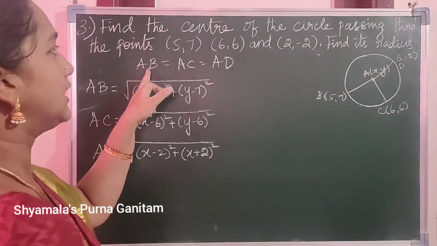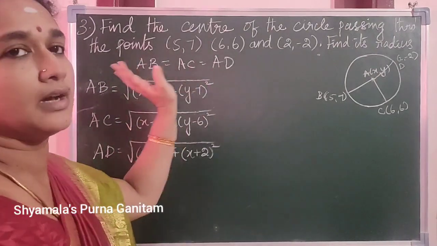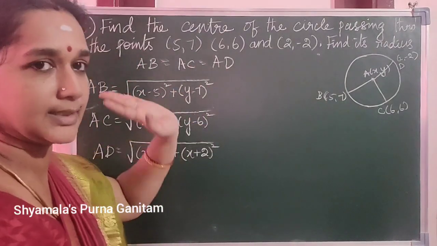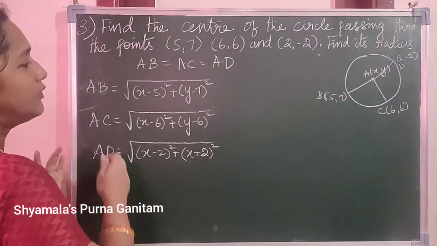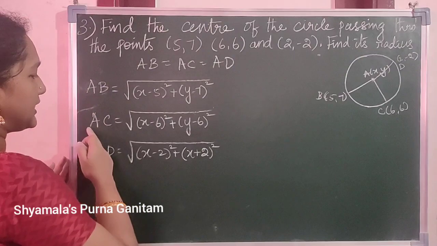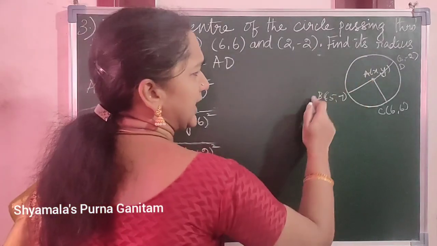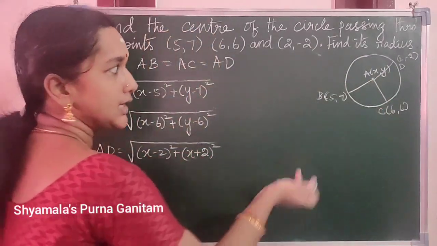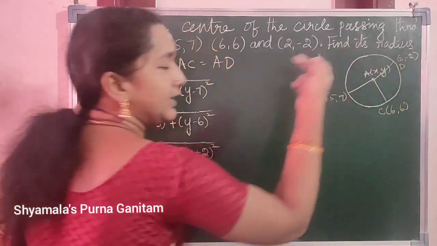Now what is given? AB, AC and AD are equal, that is the radius. So we'll be equating two things together: AB is equal to AC, and AB and AD we will equate.